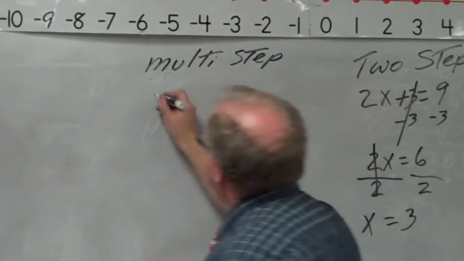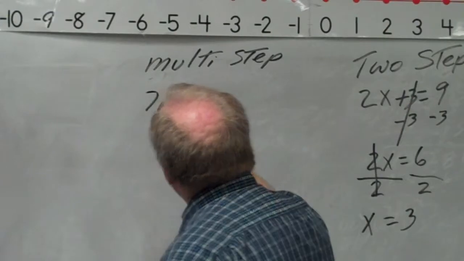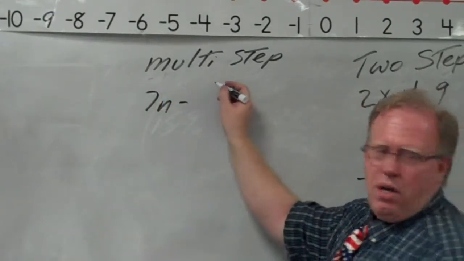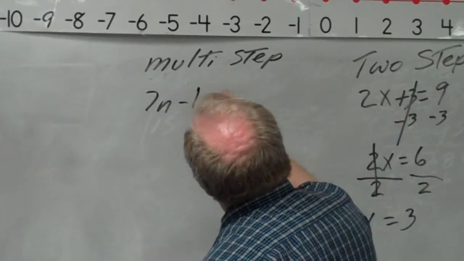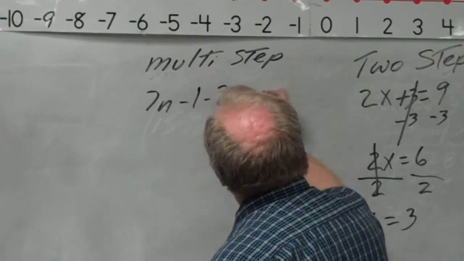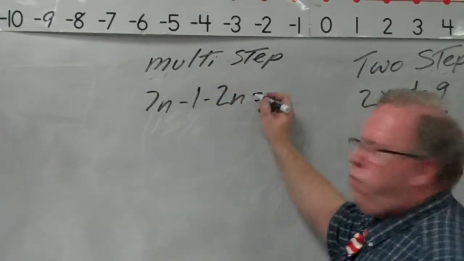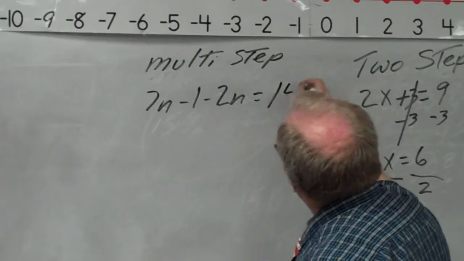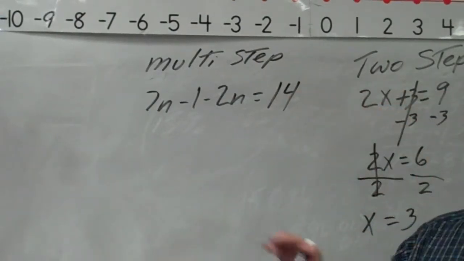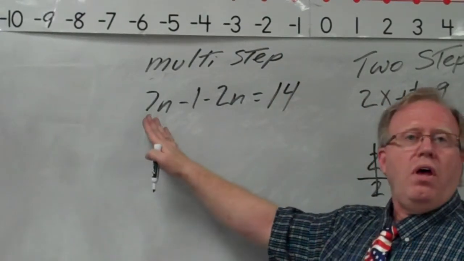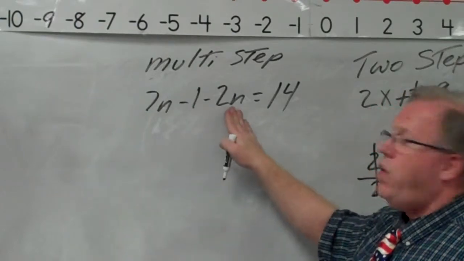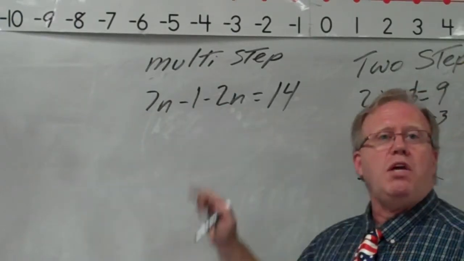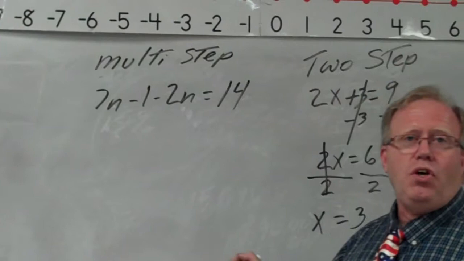And so let's write 7n minus 1 minus 2n equals 14. Okay? Now you notice that we have a variable here and a variable here. But the nice thing about it is we can combine like terms.